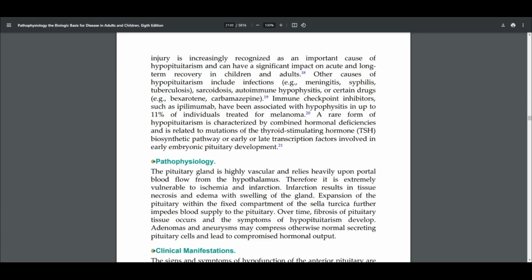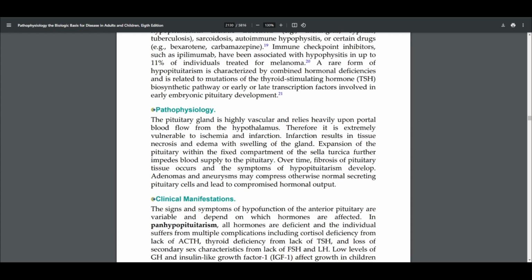A rare form of hypopituitarism is characterized by combined hormonal deficiencies and is related to mutations of the thyroid-stimulating hormone biosynthetic pathway, or early or late transcription factors involved in early embryonic pituitary development.